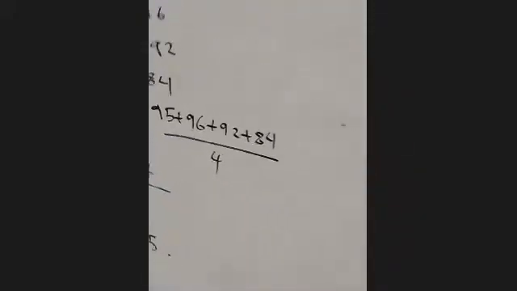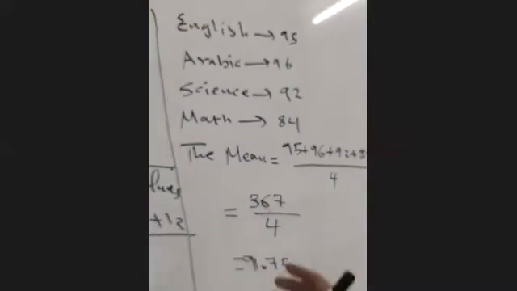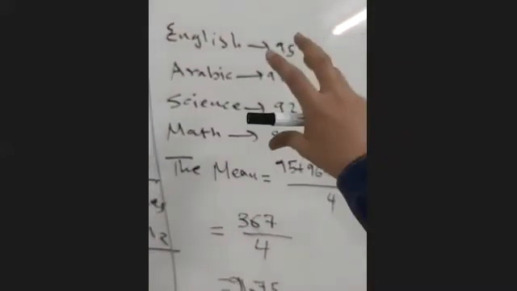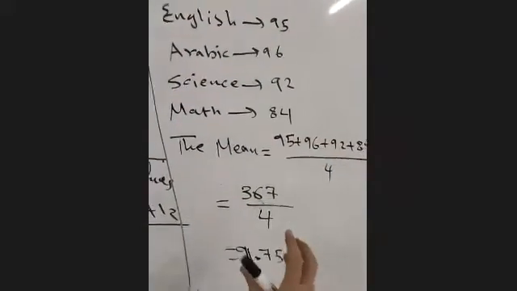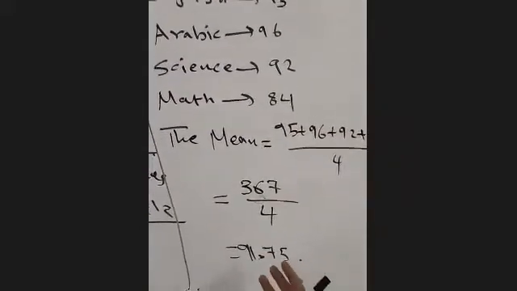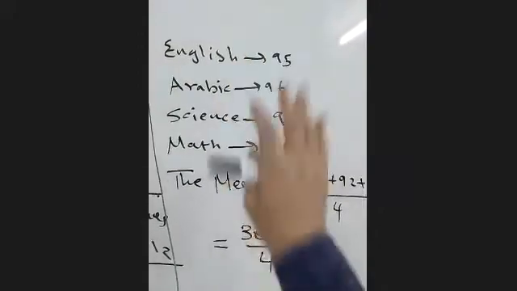They wrote here, find a single value that can represent or summarize the entire data set. It means this 91.75: all of these numbers are close to it with the same distance. This number expresses the average of your marks here.